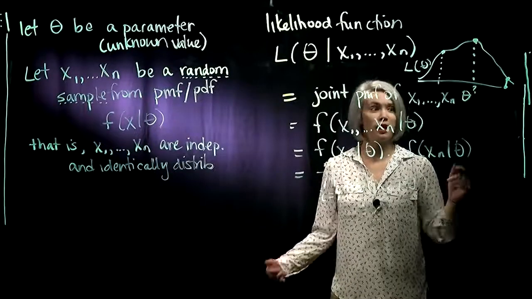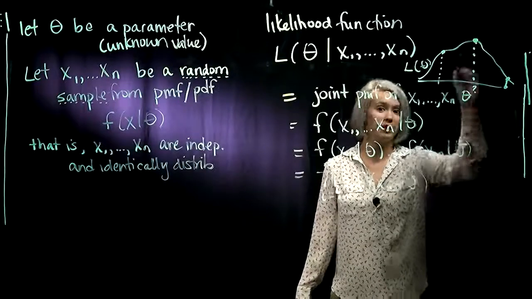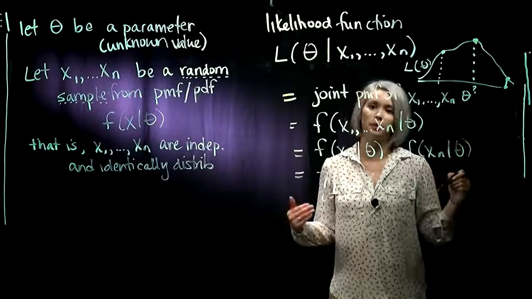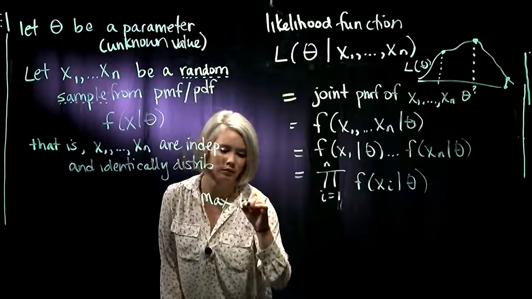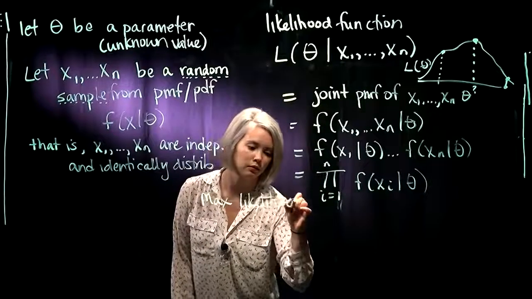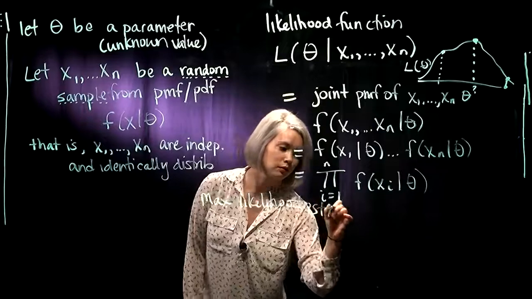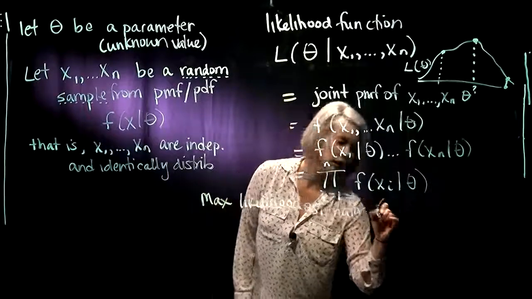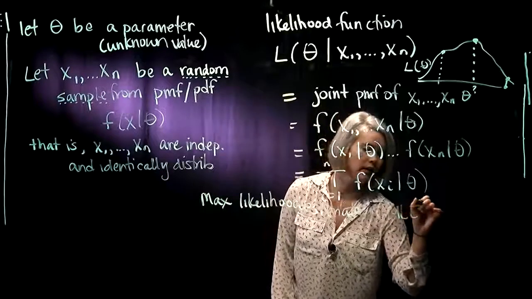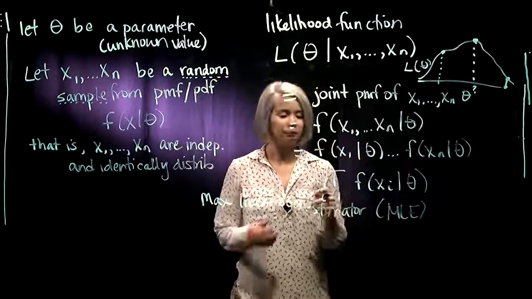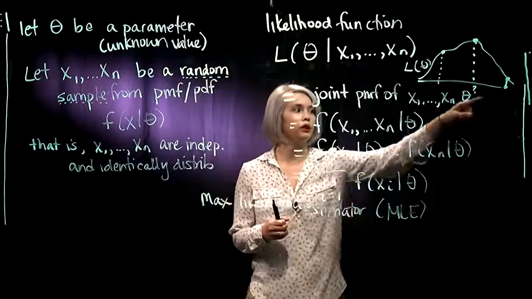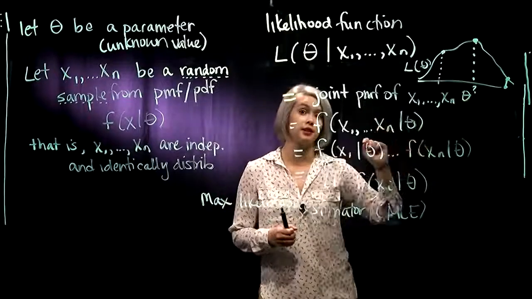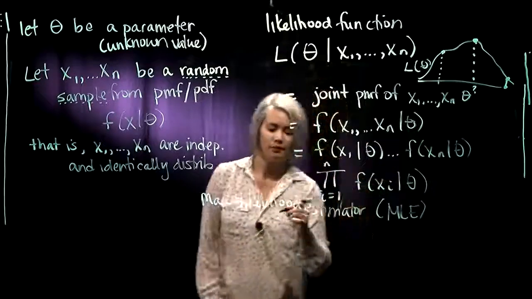That value, that maximizer, is called the maximum likelihood estimator. And we write MLE for short. All right, so our maximum likelihood estimator, again, is the value of theta that maximizes the likelihood function.